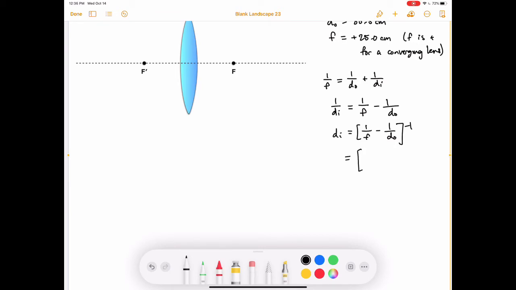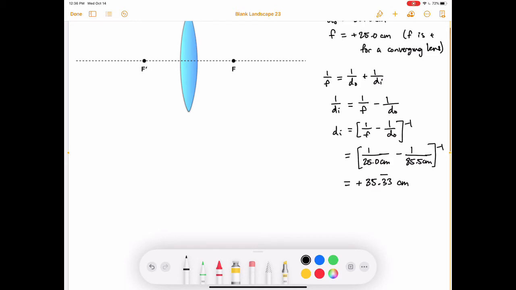So we have 1 over 25.0 centimeters here, minus 1 over 85.5 centimeters here, and then take that to the minus 1 power. So if you calculate this, you're going to get something positive, which is 35.33 centimeters. Keep 3 sig figs on that, 35.3 centimeters.